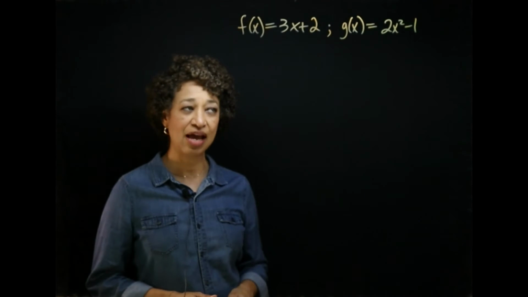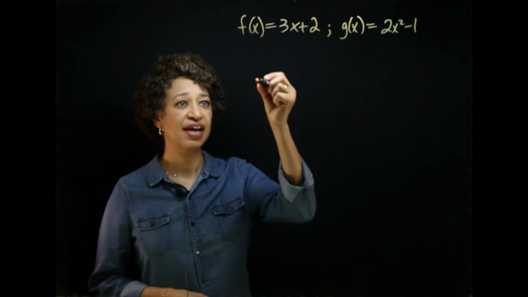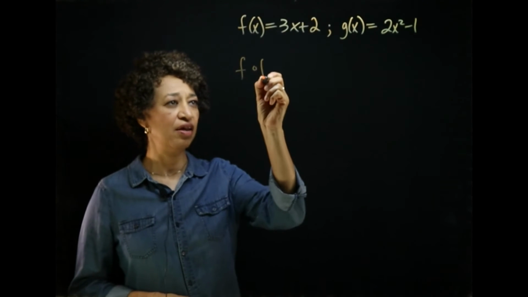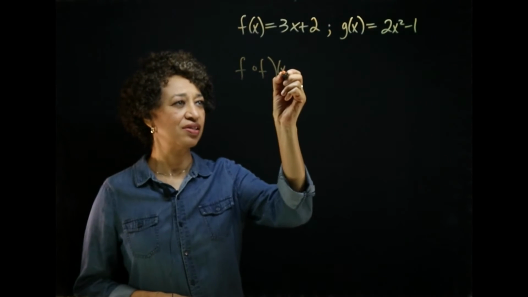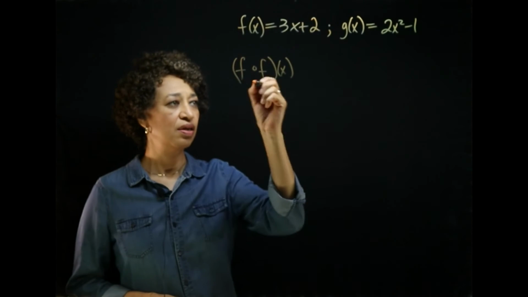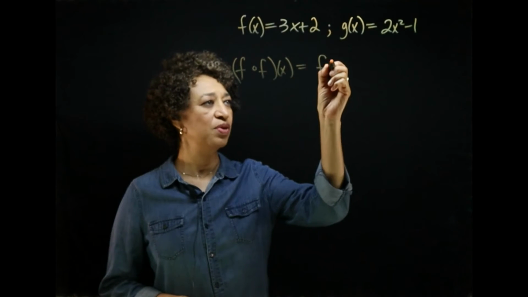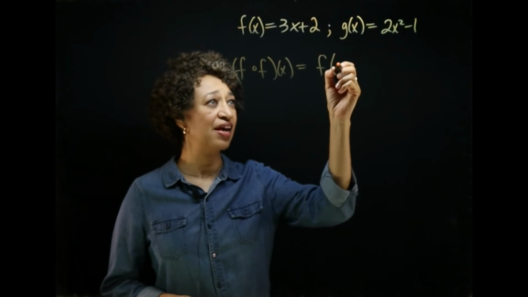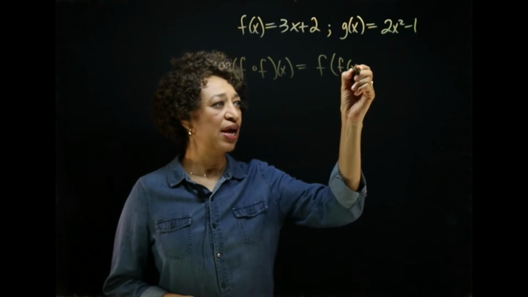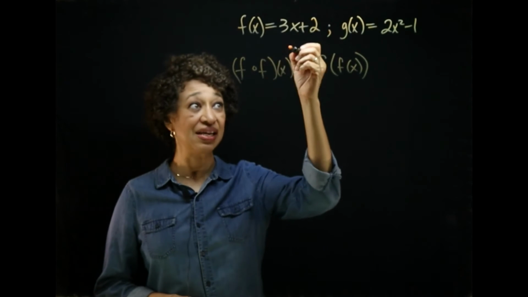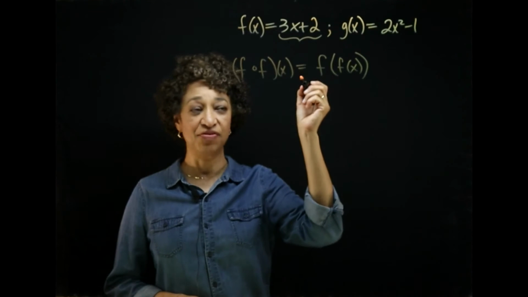Okay, now what would happen if we were to find f of f of x? Well, we would find the function named f of x, and wherever we see the x, we would place the function f of x.